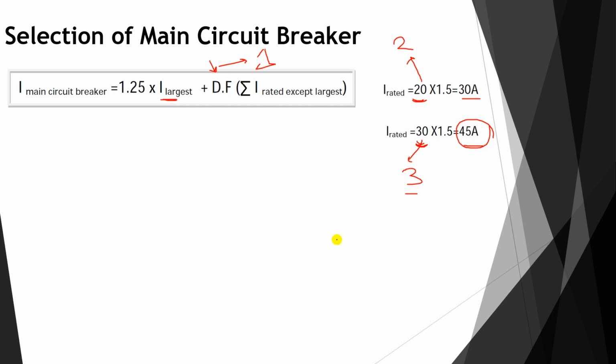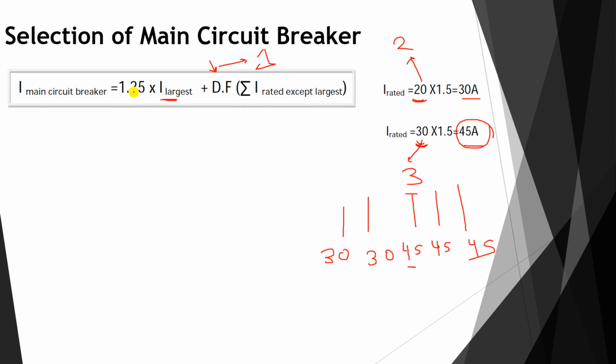So we have a branch with 30 ampere, another branch with 30 ampere, then 3 branches, 1, 2, 3, each 45 amperes. Okay, so which one is the largest current? 45. Any 45 is the largest current.